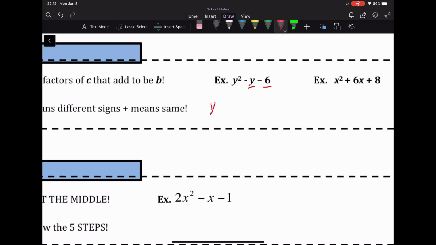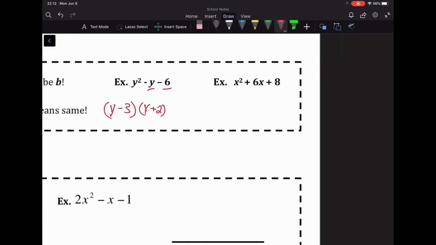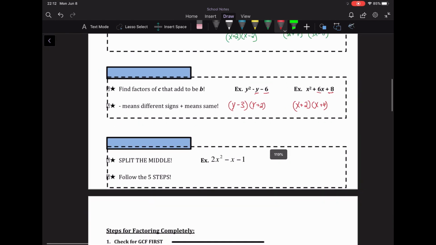So we're going to have y minus 3 times y plus 2. And our next one, what two factors of 8 add up to 6? That's going to be x plus 2 times x plus 4. And so we're good with that one.